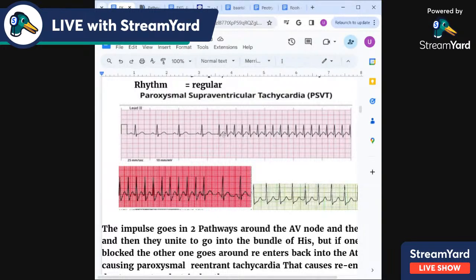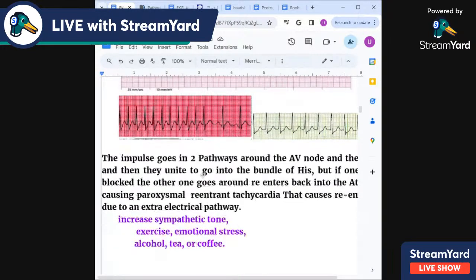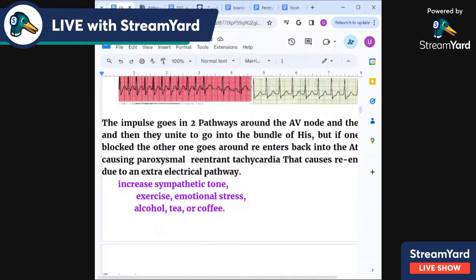Here it continues, and then it ends suddenly, stops by itself and becomes a regular rhythm. So it starts and it stops itself. This is caused by increased sympathetic activity, exercise, emotional stress, alcohol, tea, or coffee.